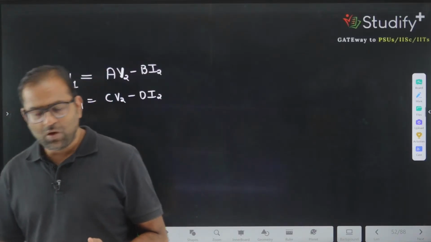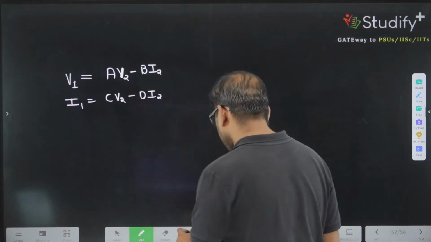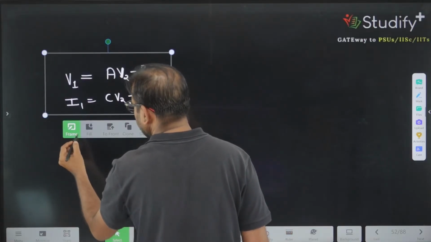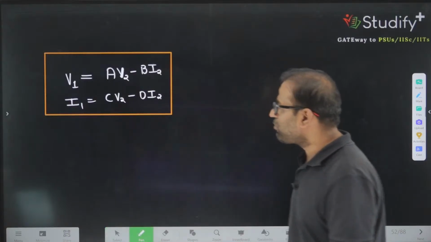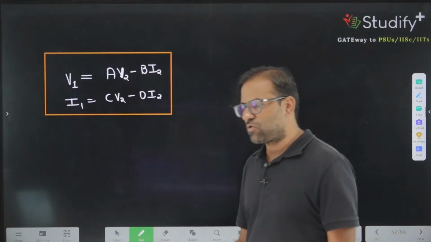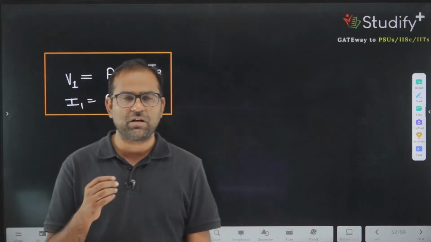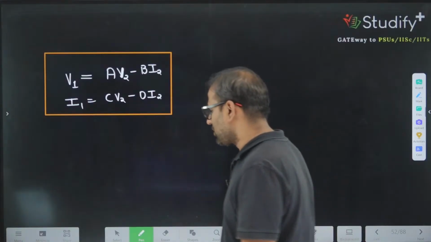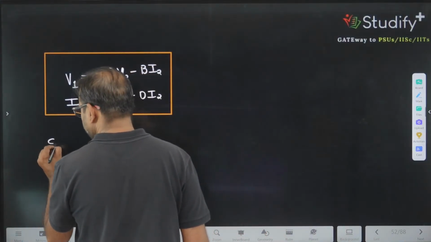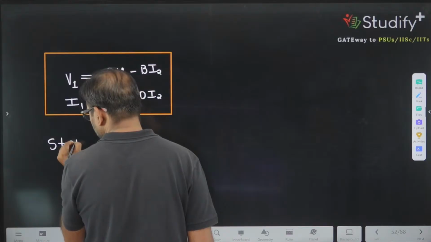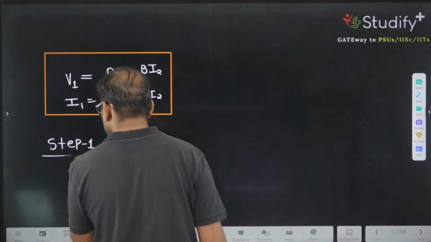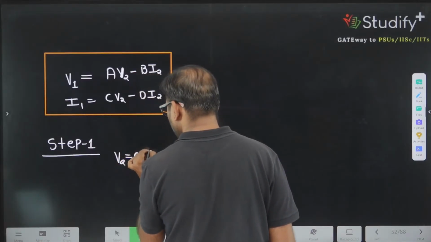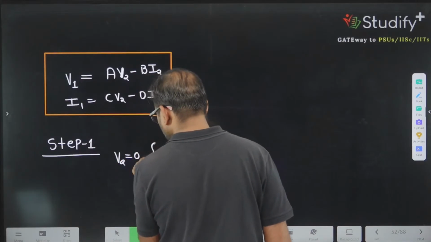So how can we analyze this ABCD parameter? To analyze the ABCD parameter, your output port is acting as an independent port. So you have to apply a short circuited output port and you have to apply the open circuited output port. Step number 1 is to apply V2 equal to 0, or you can say short circuited output.